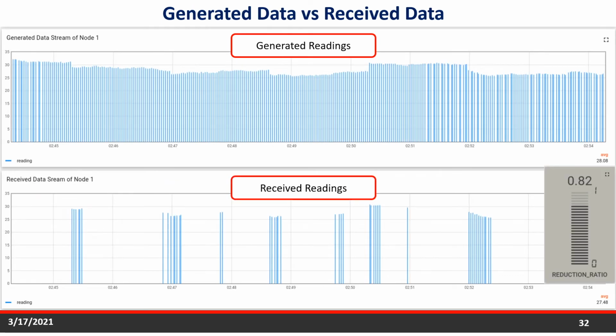As another illustration of the information content-based reduction scheme, we can see in this figure the generated data stream and the received data stream. As we can see by the chart, we have achieved around 80% data reduction. This leads to better resource utilization at the network while saving resources.